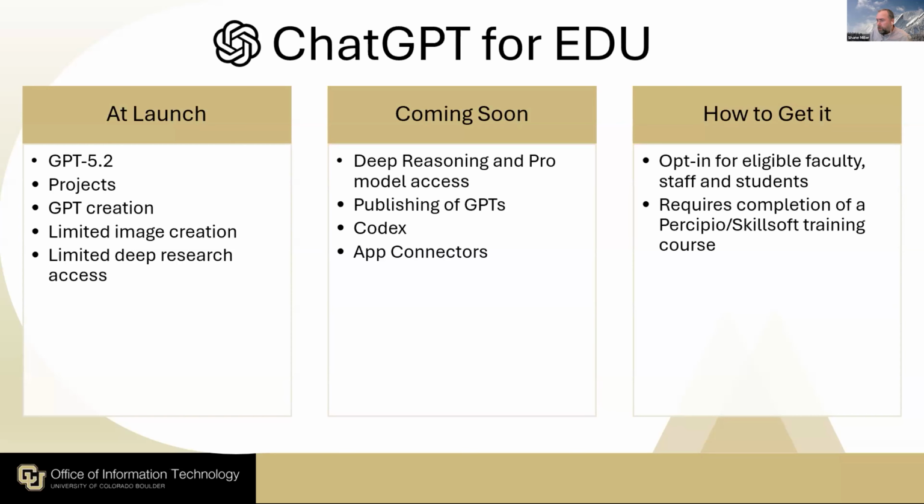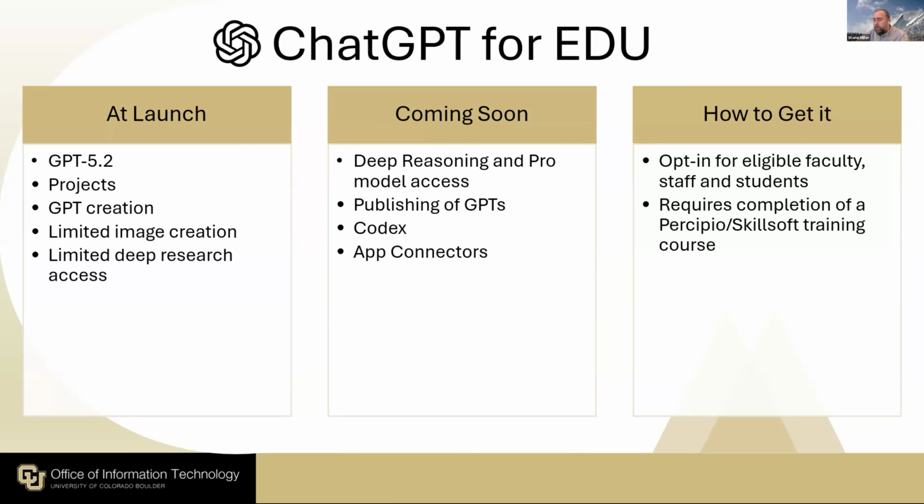We are hoping to have, and working on right now, approval to use up to confidential data within ChatGPT. In our testing, we've only been doing public, but we're going through all the motions for approval of confidential. An important thing here, this is an opt-in model. So while we have CU as a system purchase licenses, we aren't forcing anyone into the environment.